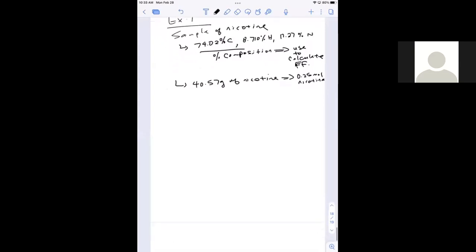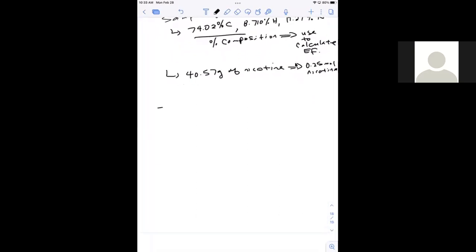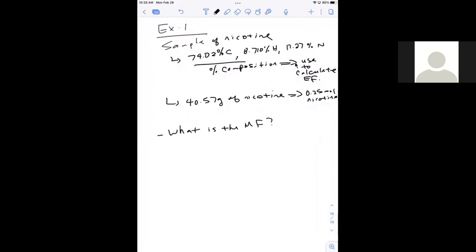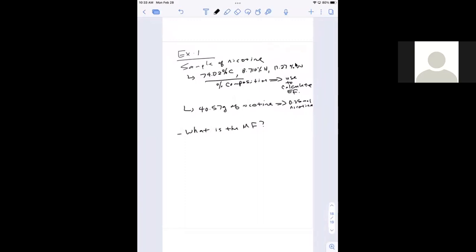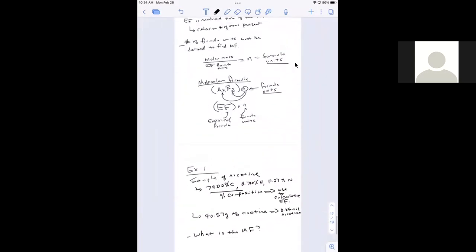The question asks, what is the molecular formula? So we have a percent composition, a mass of nicotine, and the number of moles that mass represents. In order to calculate the molecular formula, remember it is the molar mass divided by the empirical formula mass.